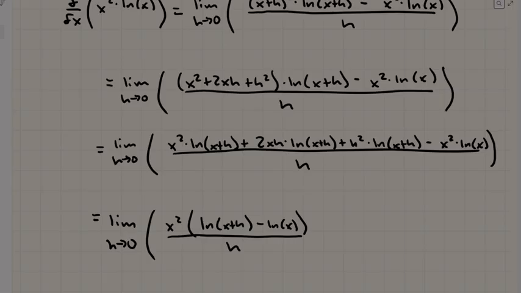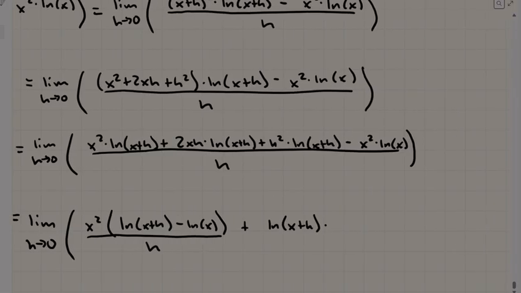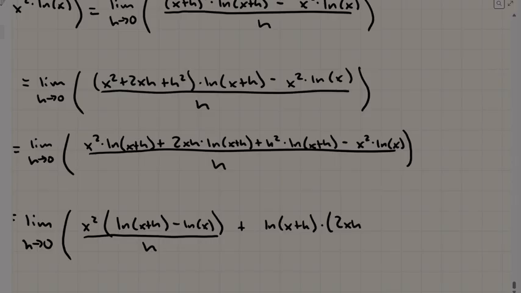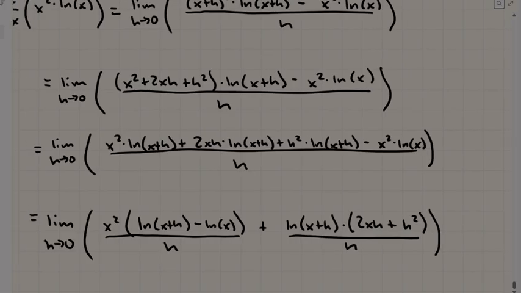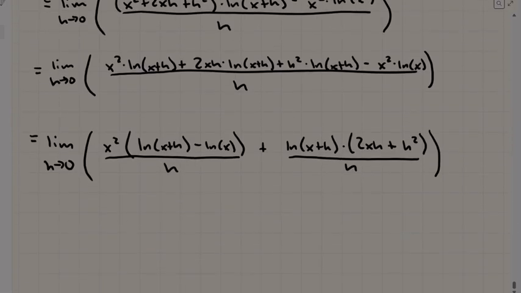Now, what do we have left? Notice we've got an ln of x plus h in both of those terms, in the second and third term there. So we can factor out that ln of x plus h times 2xh plus h squared. And that one also, remember, is over h, since we are splitting that. The reason we're splitting that, remember, is because we can define this as two separate limits.